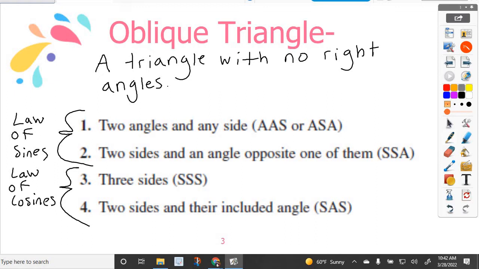An infinite amount, right? As long as they keep basically the same proportion, they're going to have an infinite number of side options. So that's why we can't use angle, angle, angle to find anything else. We have to have at least one side given somewhere in order to be able to find other things about it.